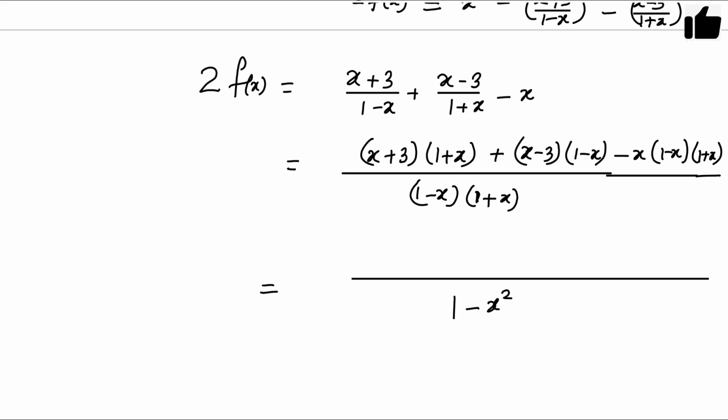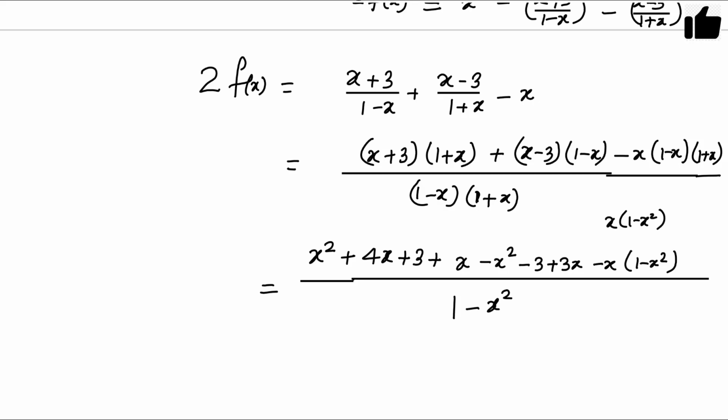So in the numerator we will have x square plus 4x plus 3. Similarly, next term we will have x minus x square minus 3 plus 3x, and this is minus x times 1 minus x square, and if you multiply this x into 1 minus x square, then this becomes x minus x cube, and minus minus this will become plus x cube.